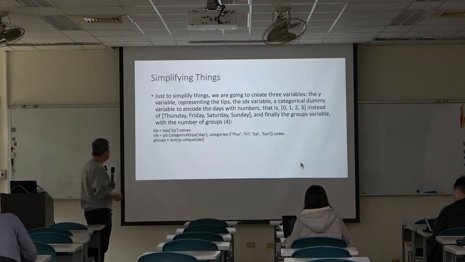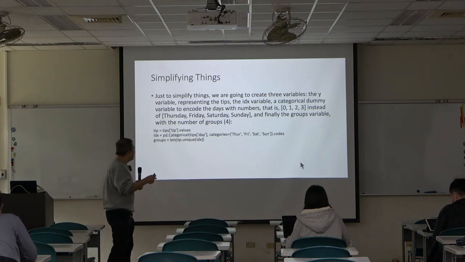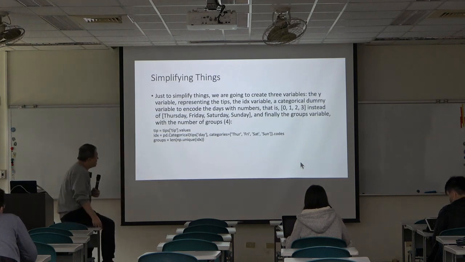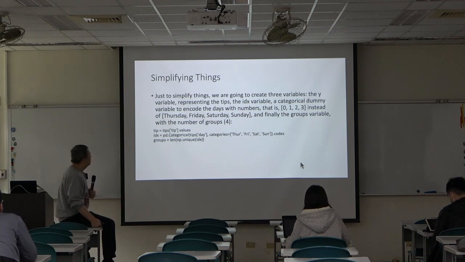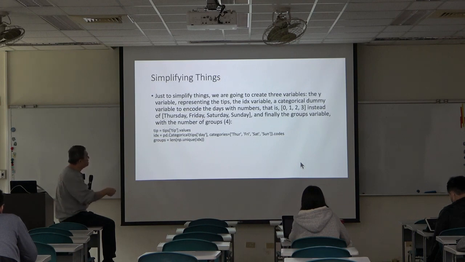Now we can simplify things. We can create 3 variables. The y variable represents the tips. The idx represents the categorical variable, which encodes the days with numbers. For example, this idx is 0, 1, 2, 3, which represent Thursday, Friday, Saturday, and Sunday respectively.